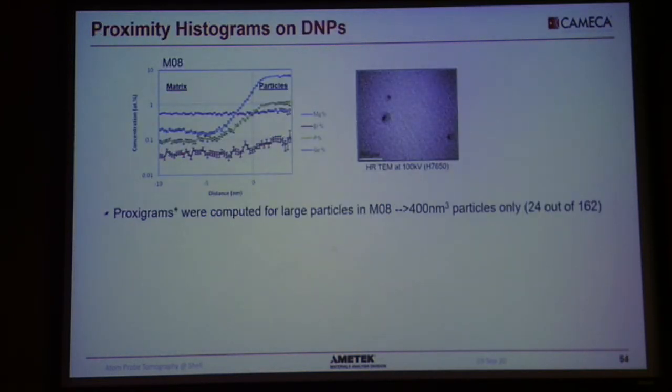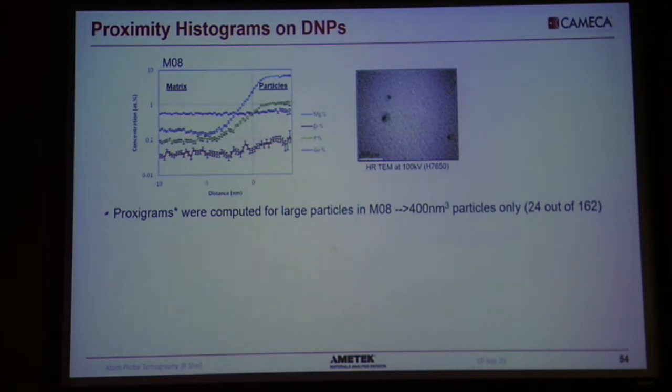And we can finish the story here by using a proximity histogram with the detected nanoparticles. Basically, we have enclosed the particles with the magnesium interface, and what we are doing is interrogating from outside the particles, through the interface, to inside the particles.